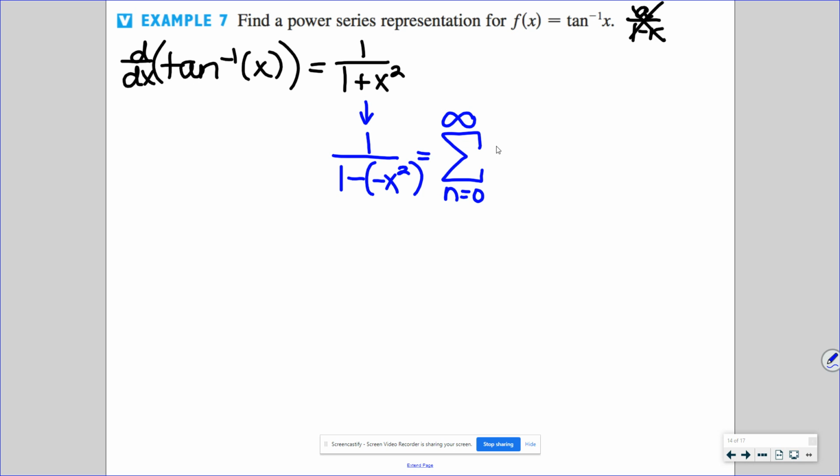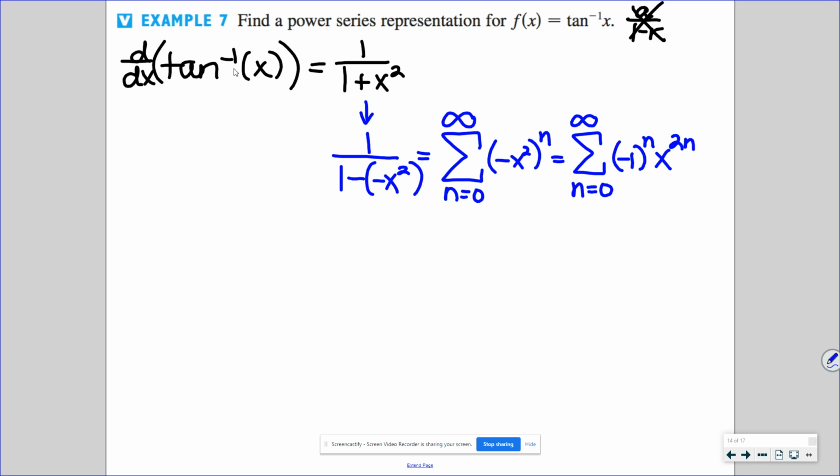The first term is 1, so it would be negative x squared to the n. There we go. And then I may want to split it up and put the negative separate. So let's call it negative 1 to the n, x to the 2n. That's what I was trying to say.